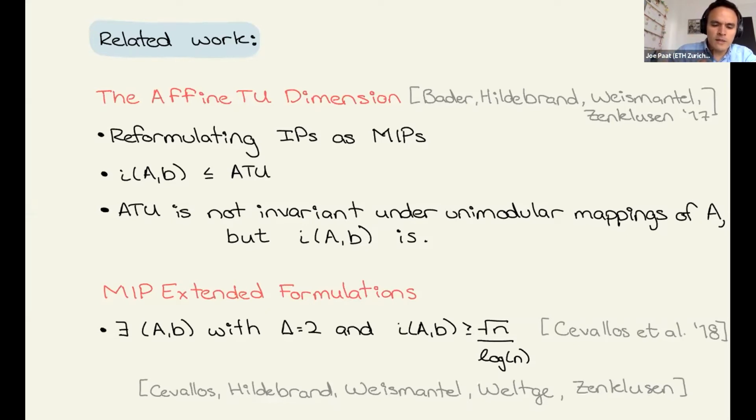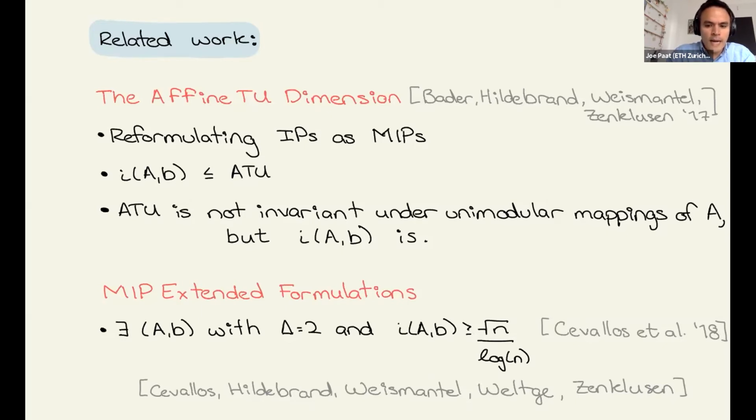So going back to this goal of understanding the trade-off between delta and n, even when delta is 2, we can't hope to get something independent of n. Personally, I think it would be interesting to see if their example can be generalized to larger values of delta, but that's future work.